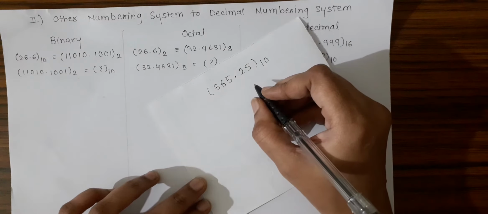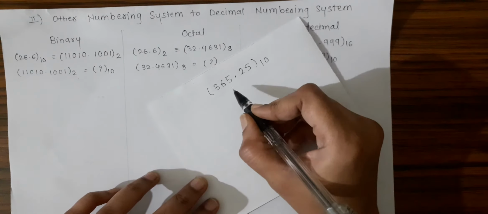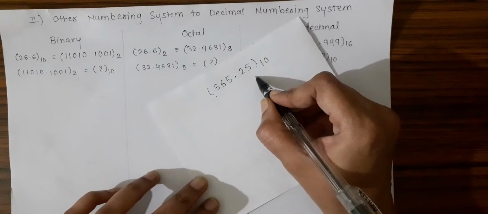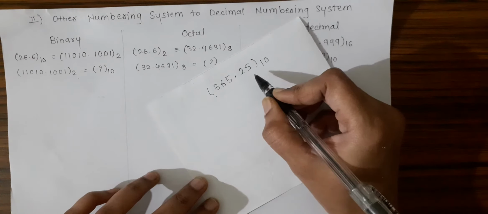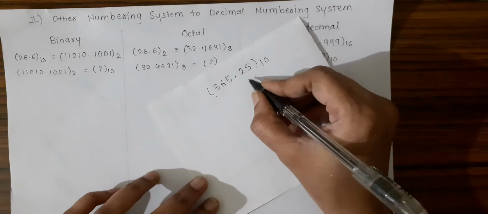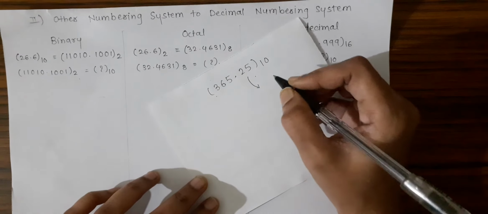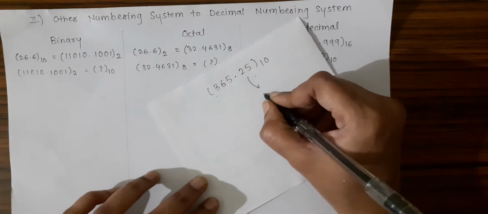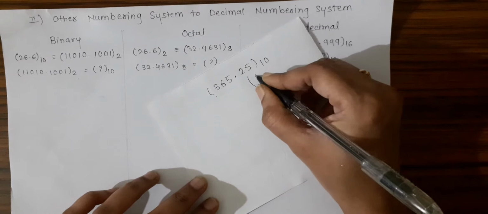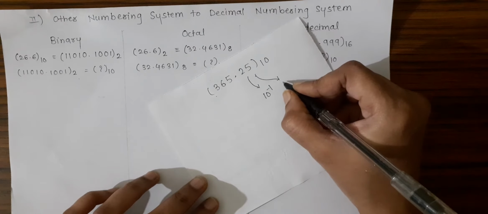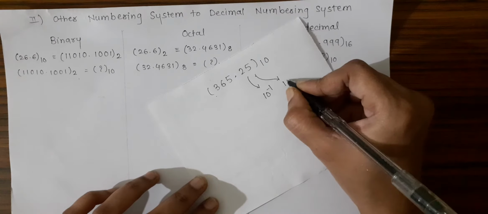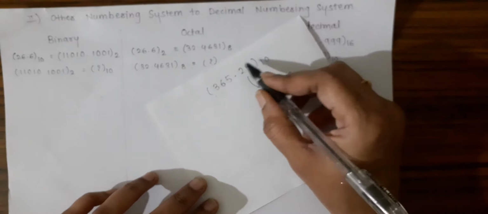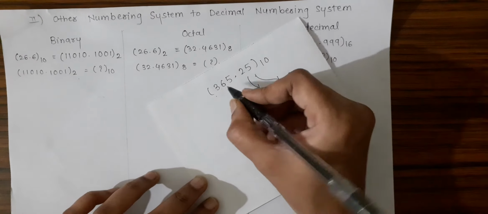Then, as we know, the value of any number depends upon the digits the number is comprised of and the weightage assigned to the position the digits are located at. Now the weightage of the position where the 2 is located is 10 raised to minus 1, and the weightage assigned to the position where 5 is located is 10 raised to minus 2, since it is forming the fractional part.